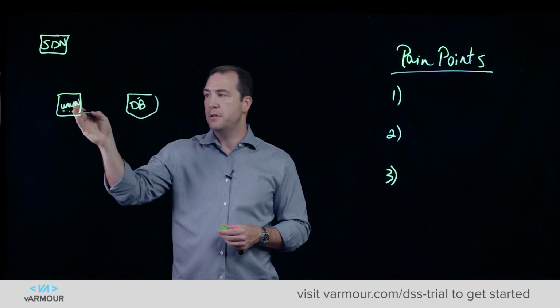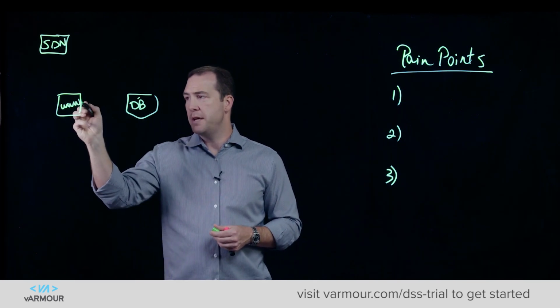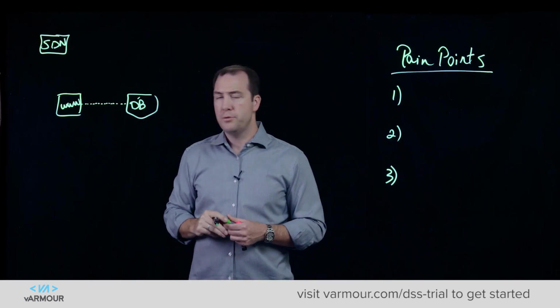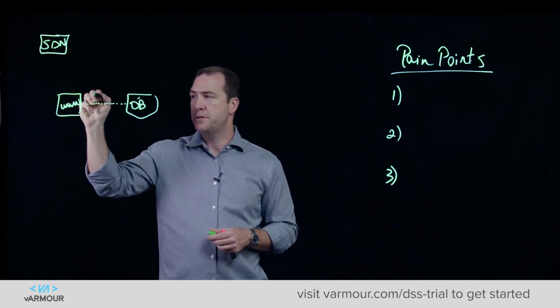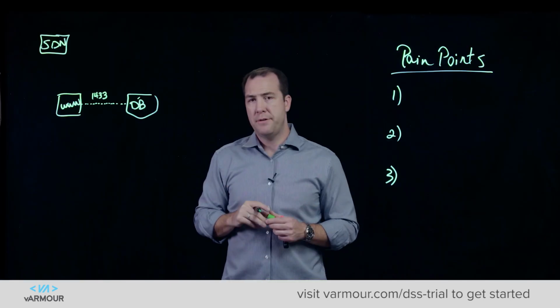And I need to communicate between my web server and my database. So in this case, I've got traffic that I want to occur between these two, maybe using SQL traffic, right? So let's say over port 1433. And how do I allow that traffic?